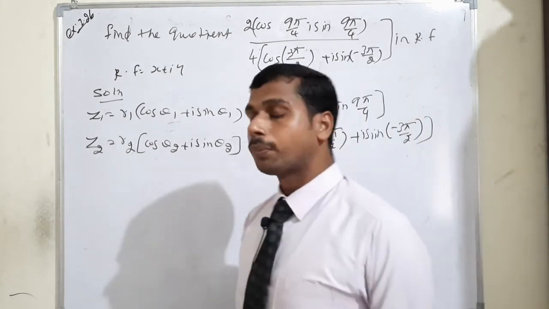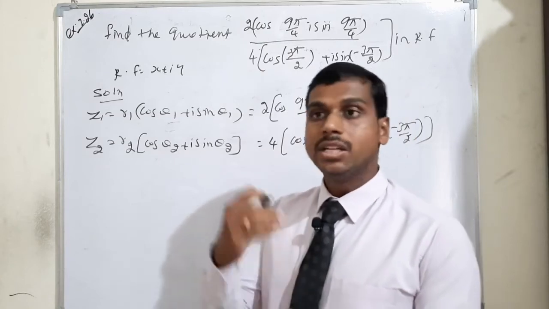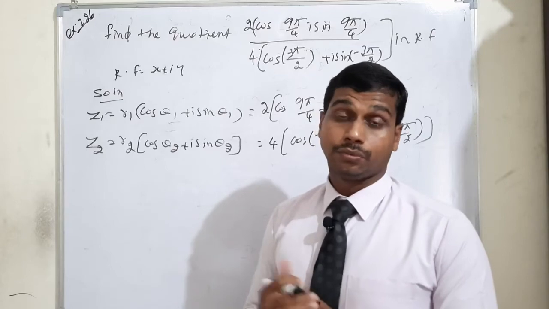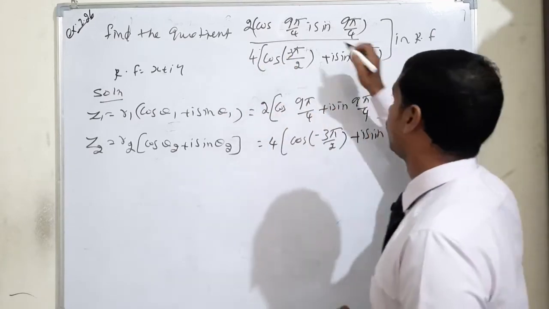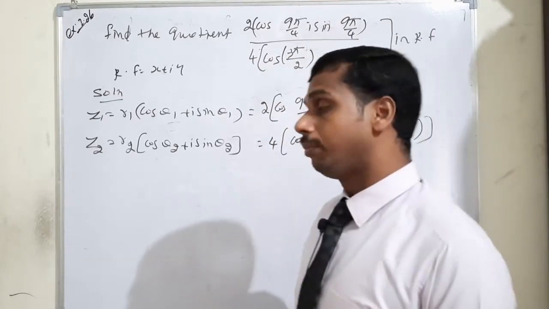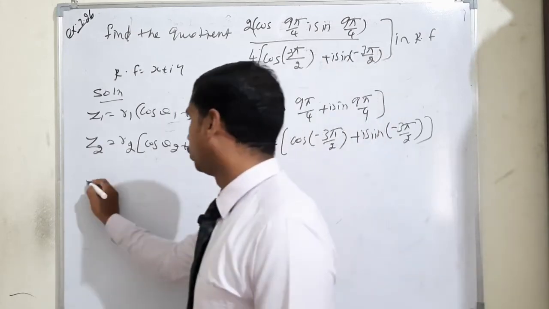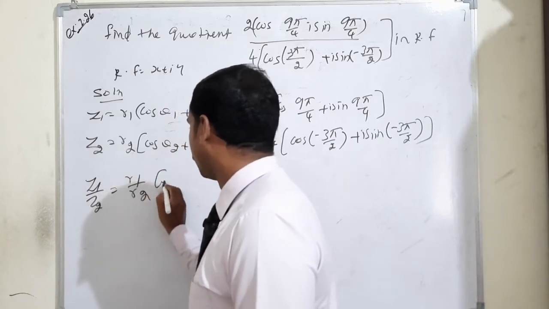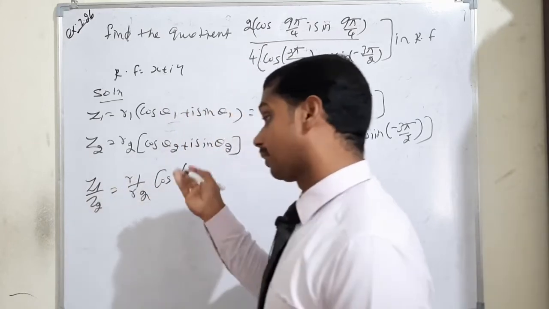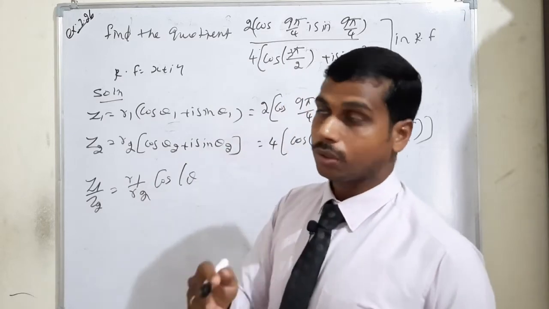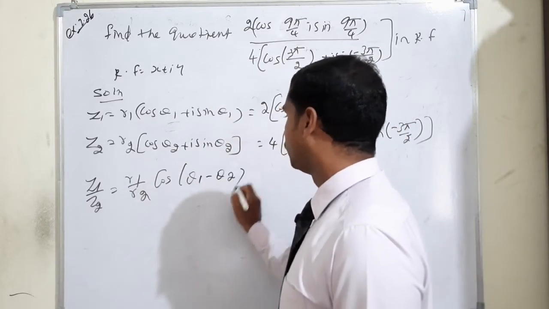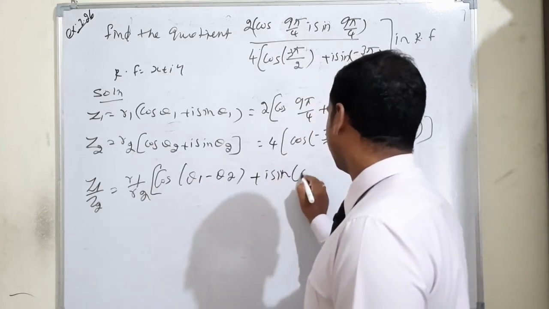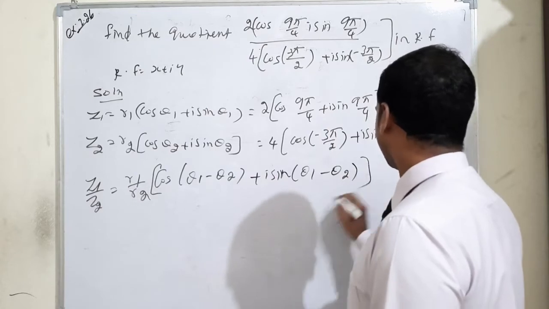So for the last problem, the product means z1 into z2 is equal to r1 into r2 cos of theta 1 plus theta 2, but here it is clearly given as a quotient, okay. Quotient means z1 divided by z2 is equal to r1 by r2, then cos of, the last one, the product, was theta 1 plus theta 2, but here theta 1 minus theta 2, that is a difference, okay. Then plus i sin of theta 1 minus theta 2.